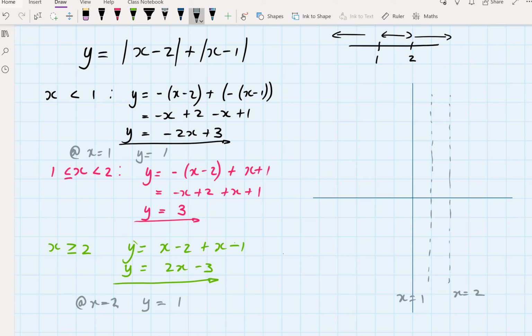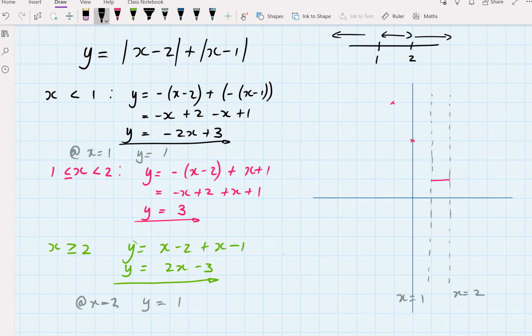And so now I've got points that I can plot. I know that between 1 and 2, I'm going to have a straight line, a line that runs just like that. Now, when x is less than 1, I'm going to have this graph over here, minus 2x plus 3. So gradient of 2, so it goes up 2, across 1, up 2, across 1. So I'm going to have a line that looks something like that.